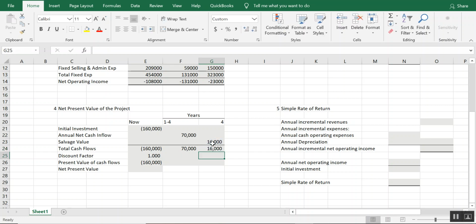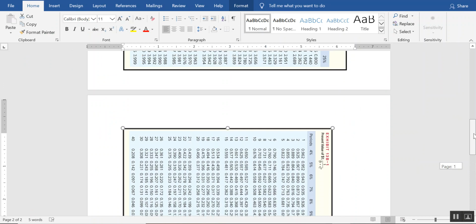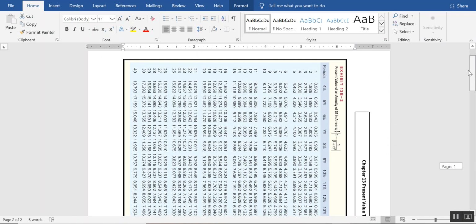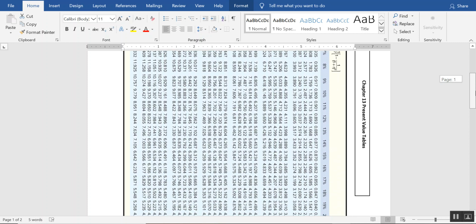Now, when we go to look up the discount factor for years 1 through 4, we're going to look at the table that is an annuity because we're looking at more than 1 year. Remember, an annuity is a series of payments, whereas a lump sum is one single payment.